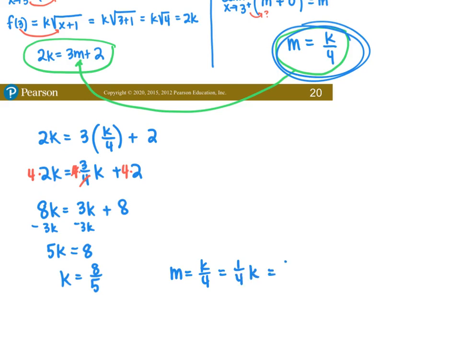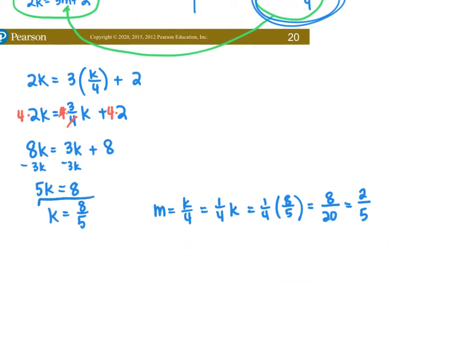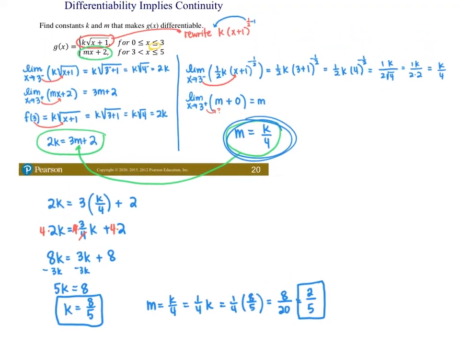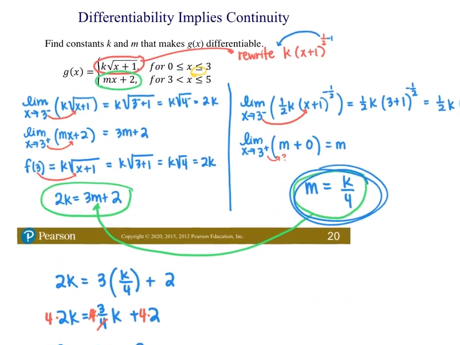And if I now know that k is 8/5, then I'm going to have 1/4 times 8/5, which is 8/20, which reduces to 2/5. And so the answers to this question are that k has to be 8/5 and m has to be 2/5 in order for this problem to be both continuous and differentiable.